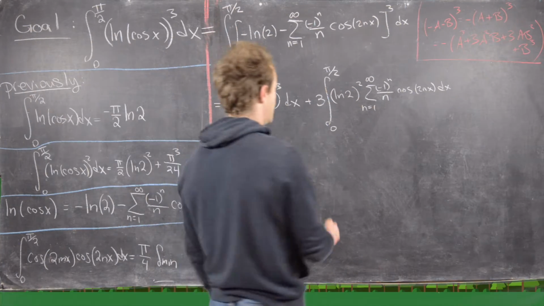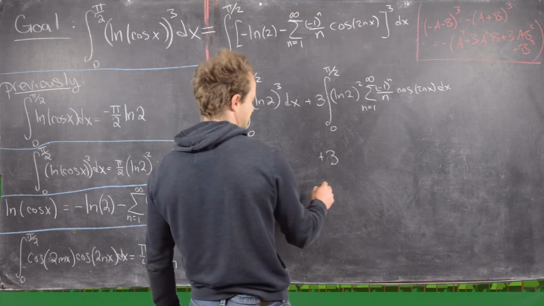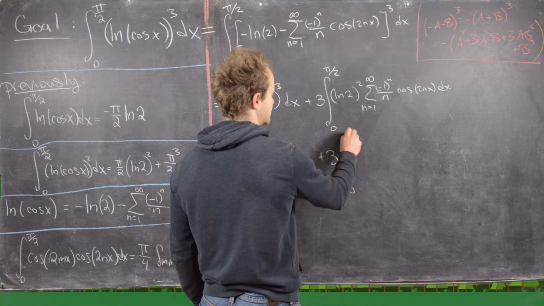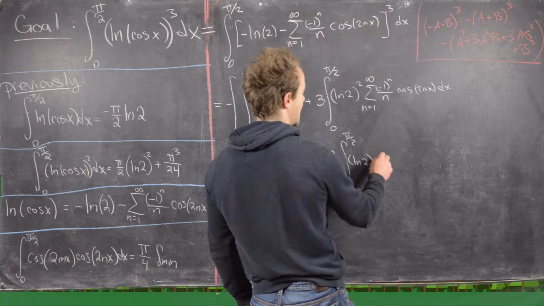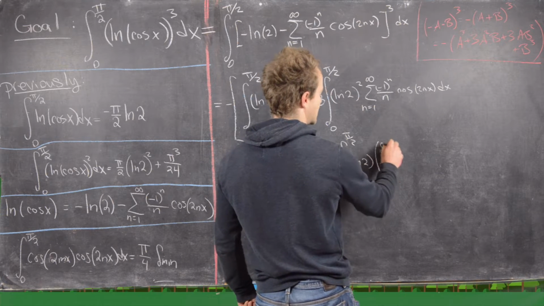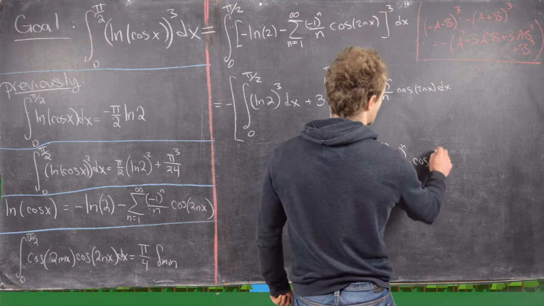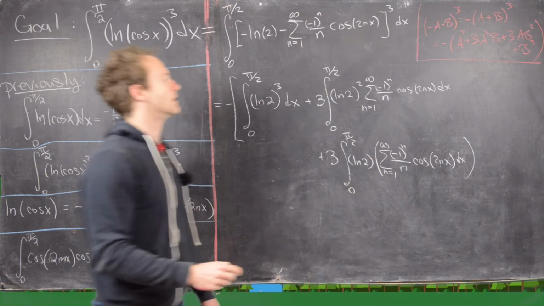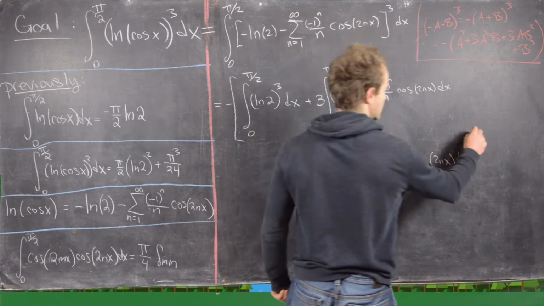And then I have plus 3 times this integral from 0 to pi over 2 of the natural log of 2 times the product of this sum squared. So that's going to be n equals 1 to infinity of minus 1 to the n over n cosine of 2nx dx, and then that's going to be squared.